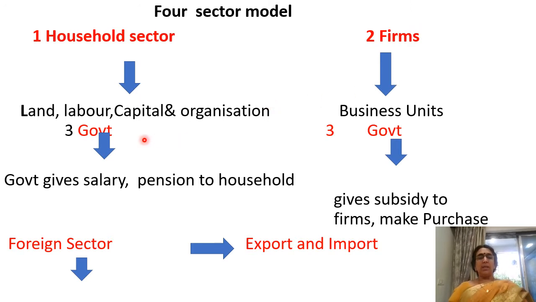Third sector is the government, who is helping both the household sector and the firm. You know that government is giving salary and make transfer payment to the household sector. Government is also giving subsidy and also make purchases from the firms. Now the 4th sector, that is the export and import sector, that is the foreign sector.